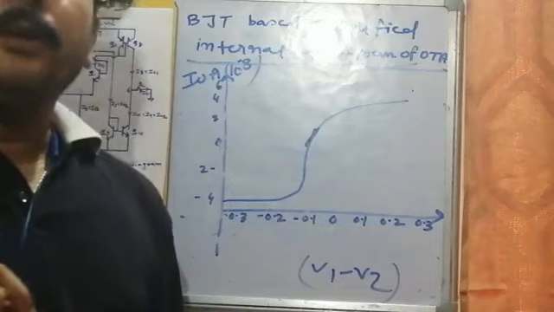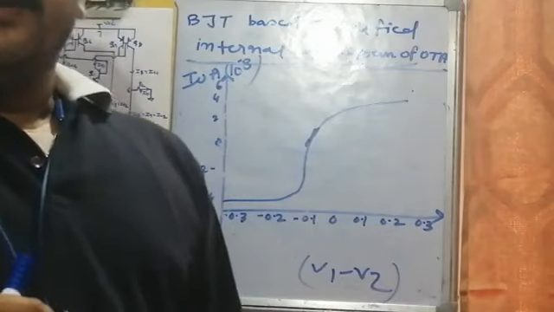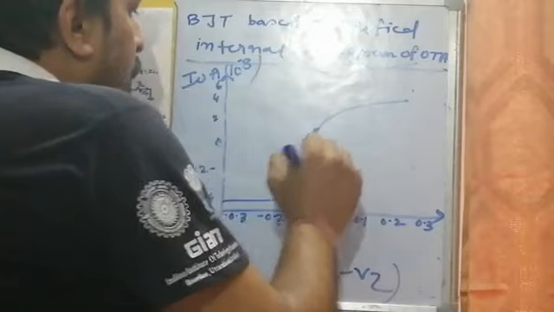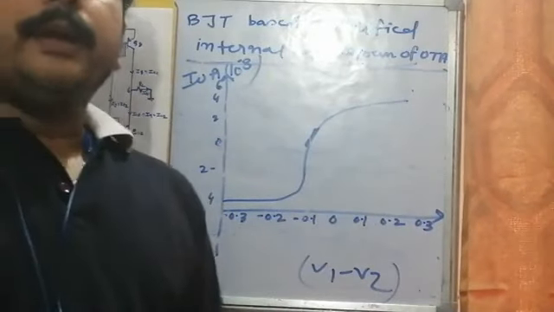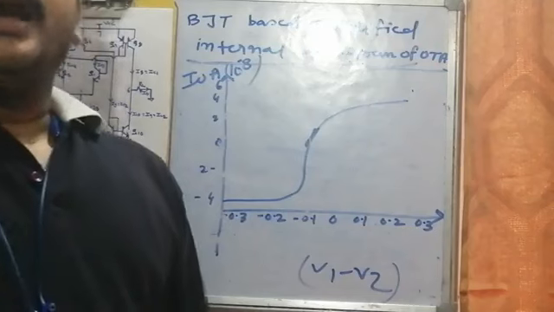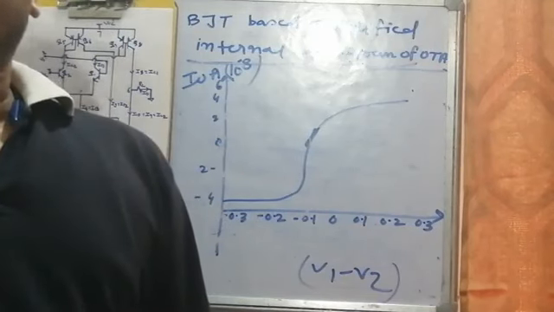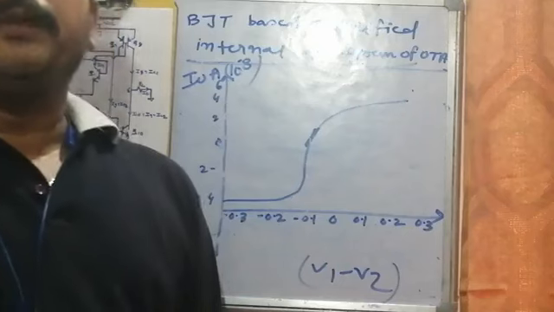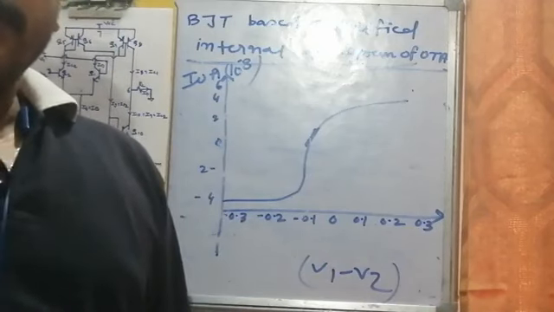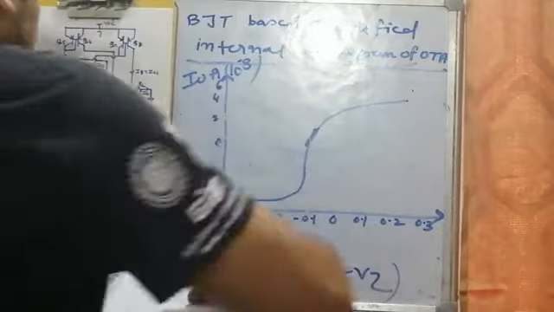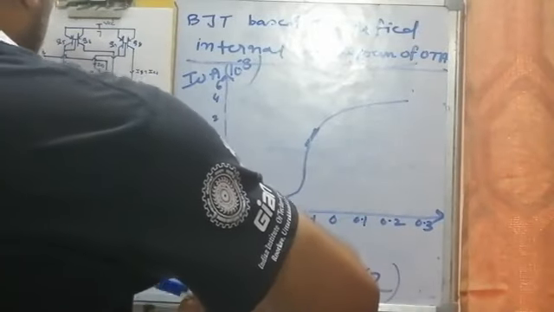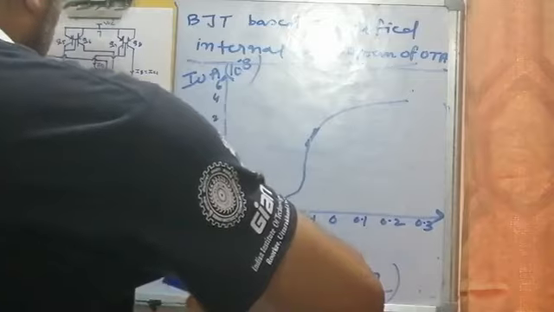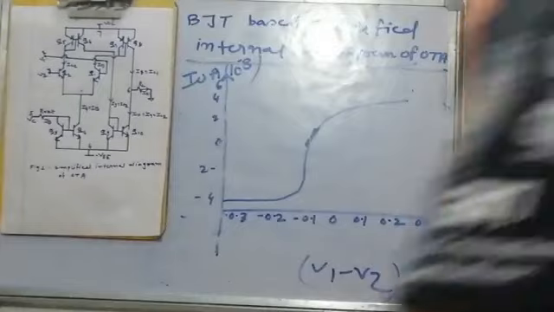So for a small value of V1 minus V2, we can say that tanh((V1 minus V2) divided by 2Vt) is equal to (V1 minus V2) divided by 2Vt.